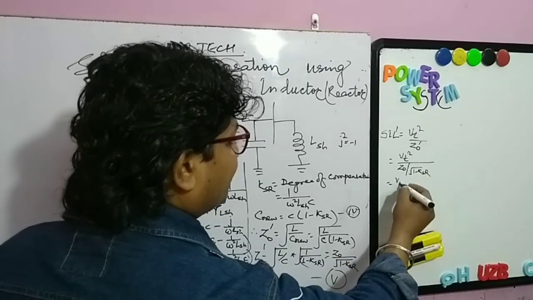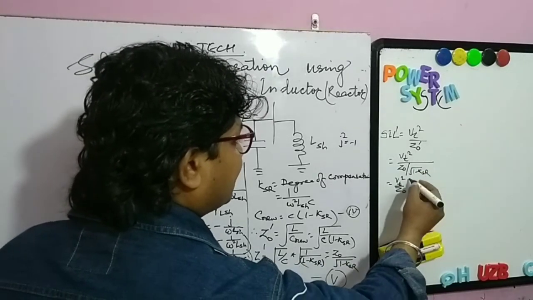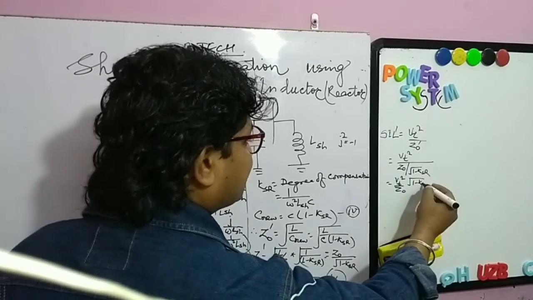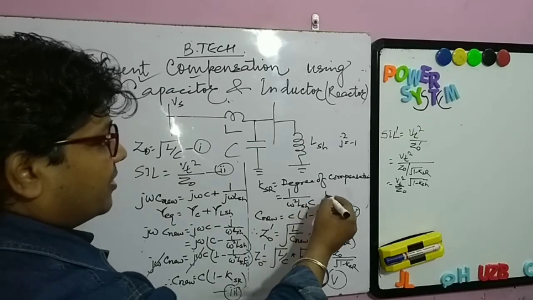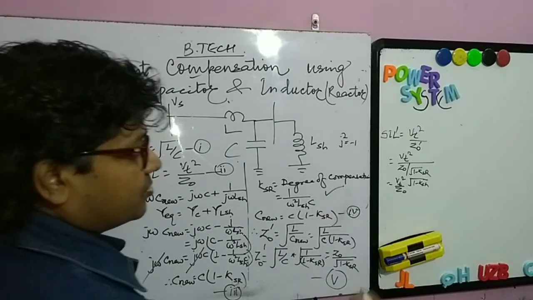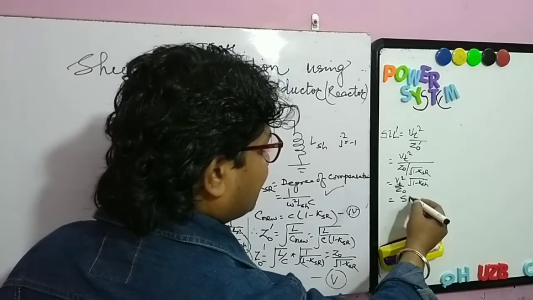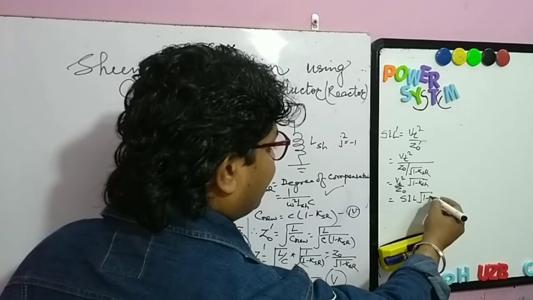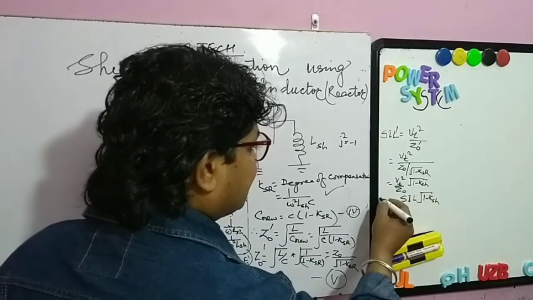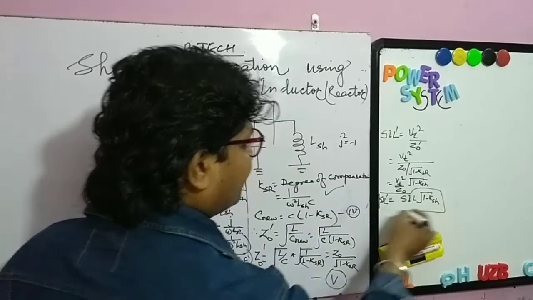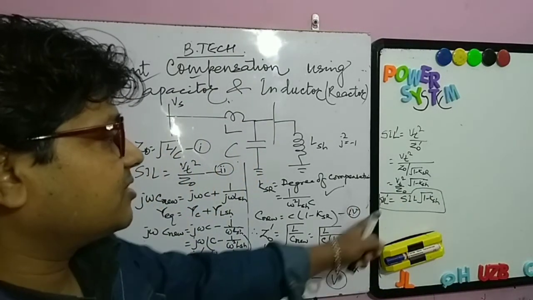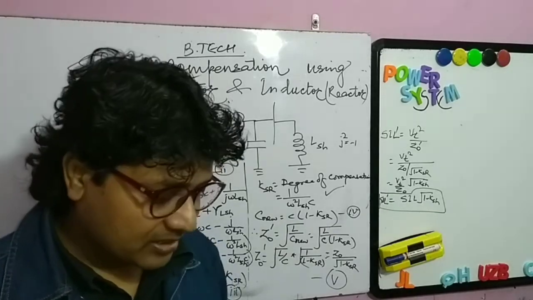So this will be equal to VT square by Z0 times the square root of 1 minus K_SR, and K_SR is 1 by omega square L_SH into C. So this will be equal to SIL into the square root of 1 minus K_SH. This is SIL dash. So what is the factor we are getting here? SIL dash is equal to SIL into the square root of 1 minus K_SH.